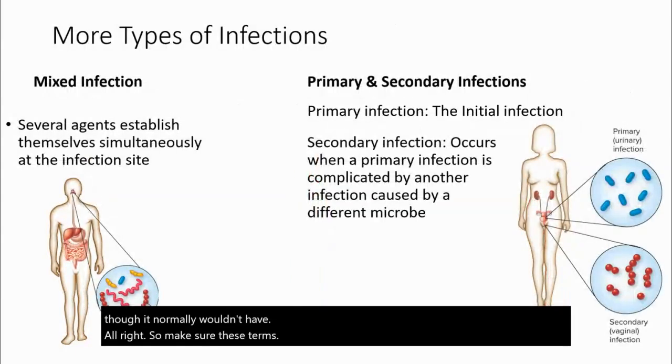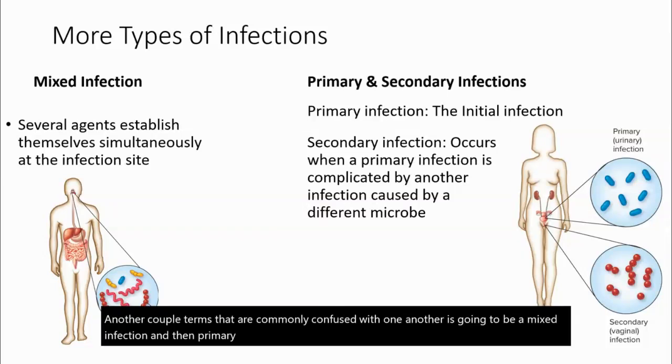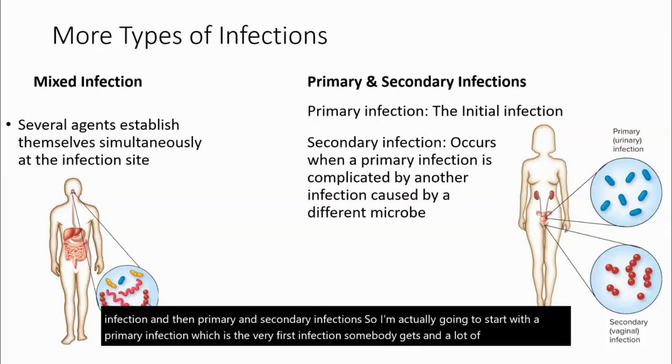Another couple terms that are commonly confused with one another are a mixed infection and then primary and secondary infections. So I'm actually going to start with a primary infection, which is the very first infection somebody gets. And a lot of times that's all you get.